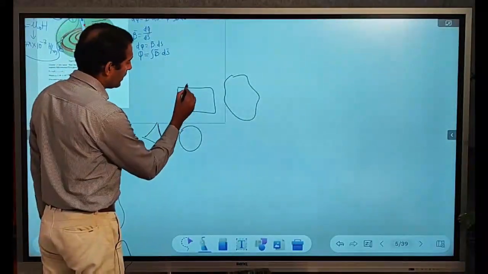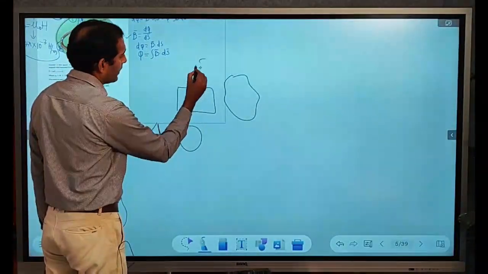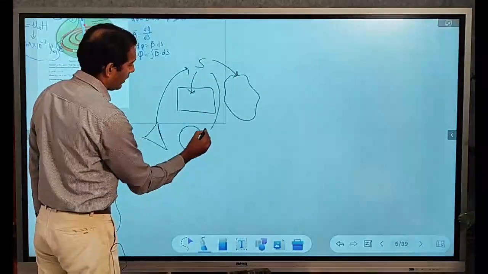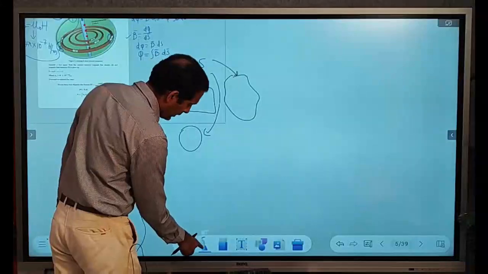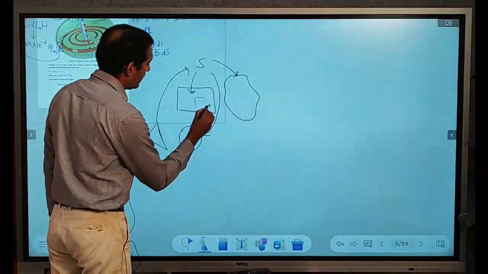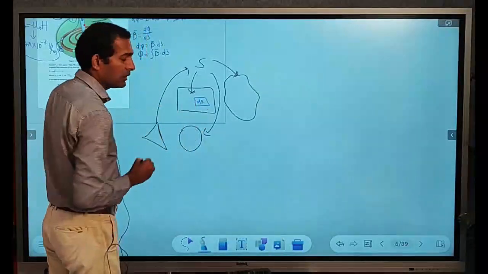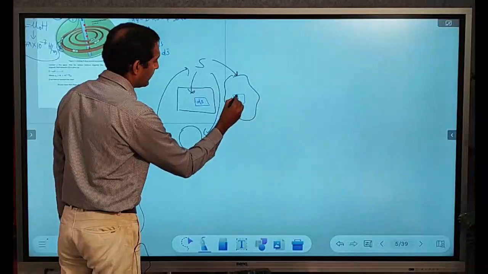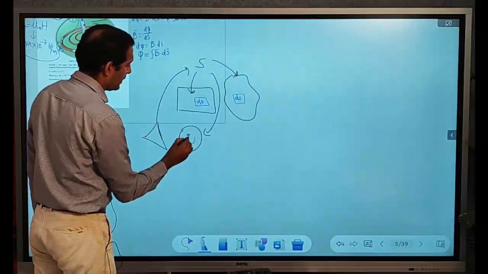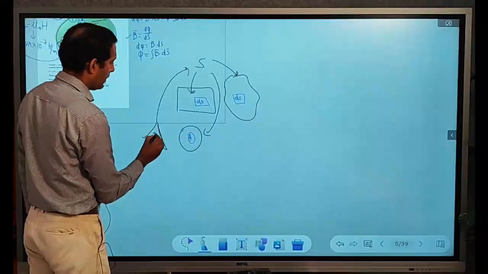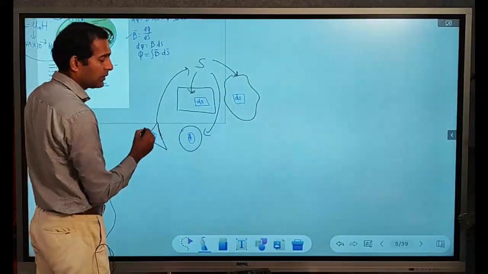So on this total surface, what we do for mathematical purposes is take a small differential surface as a sample. Here we take a small differential surface for our study purpose, here also, and here also.